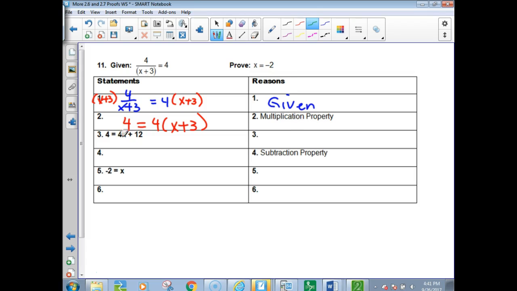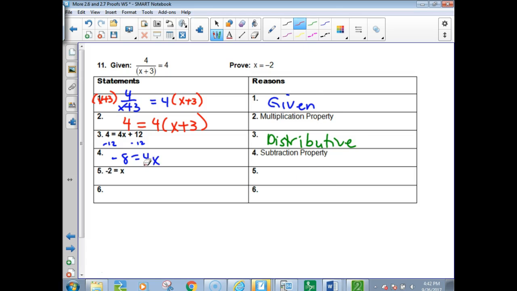The next step, they went ahead and distributed the 4 times the x plus the 4 times the 3 to get 4 equals 4x plus 12. Distributive. I need to spell instead of talk. Our following step would be to subtract 12 from both sides, giving us negative 8 equals 4 times x.